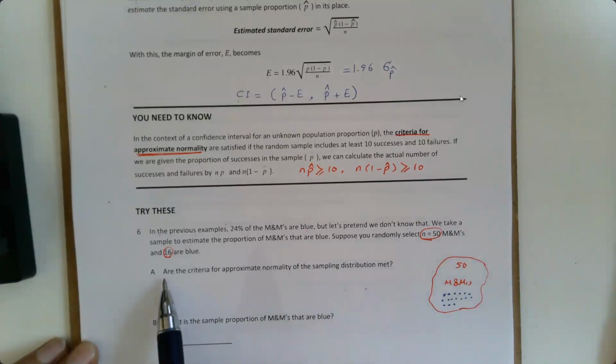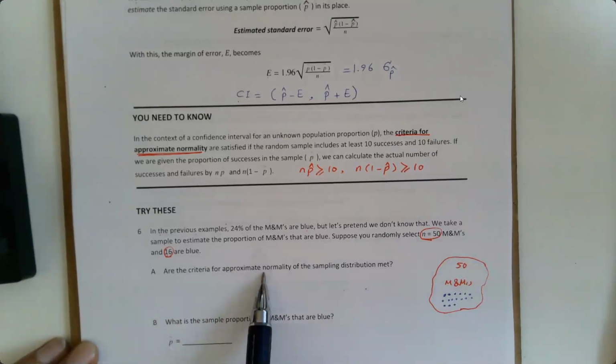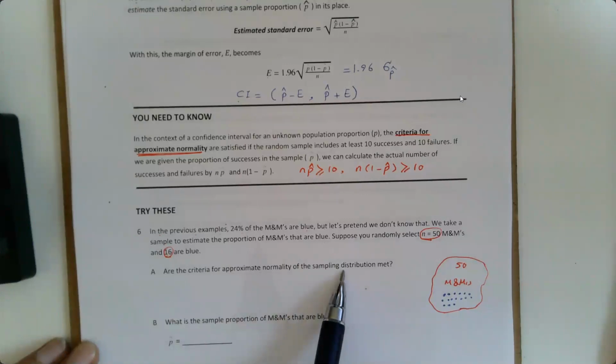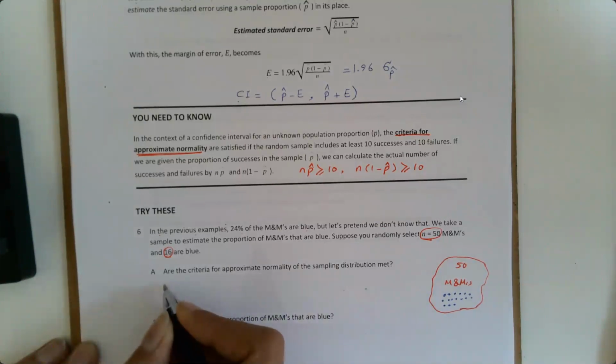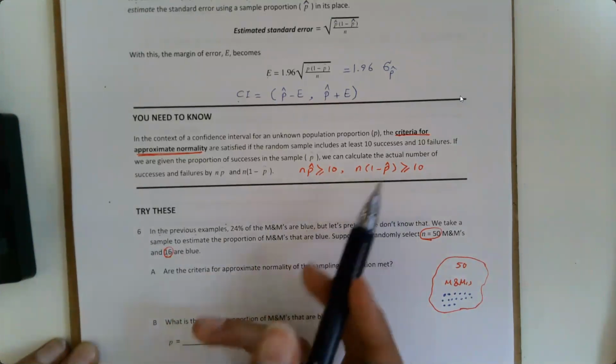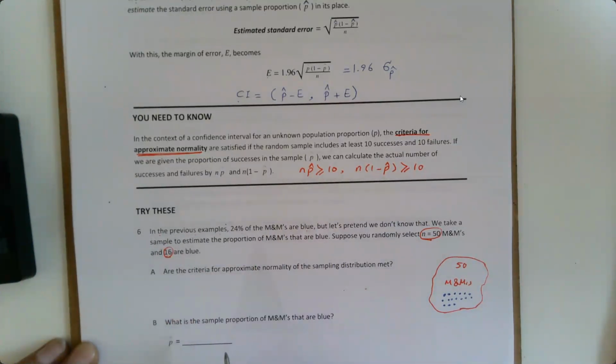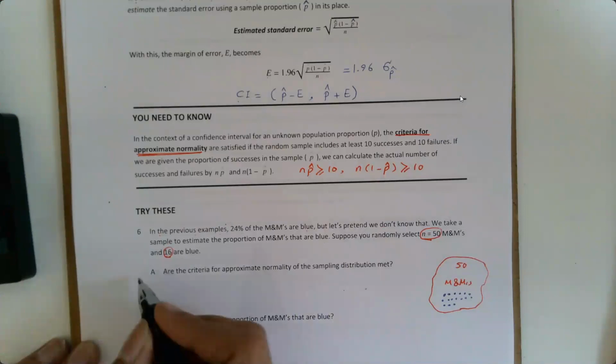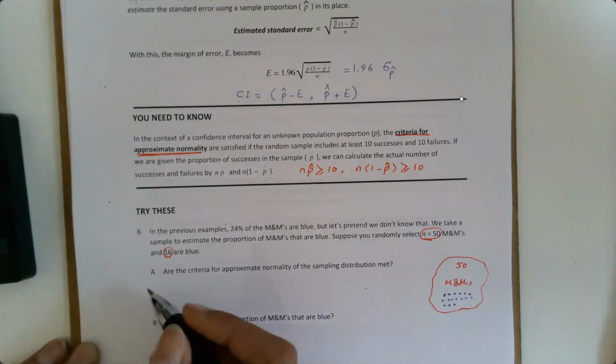The question says, are the criteria for normality met? What's the meaning of that? It means, hey, are n times p hat and n times 1 minus p hat both larger than or equal to 10?